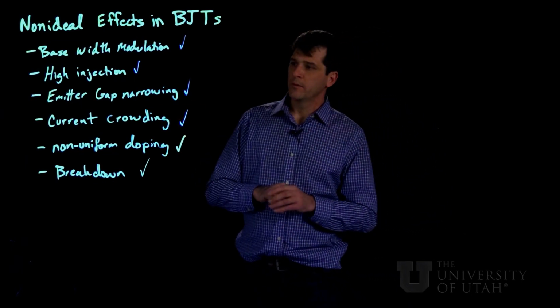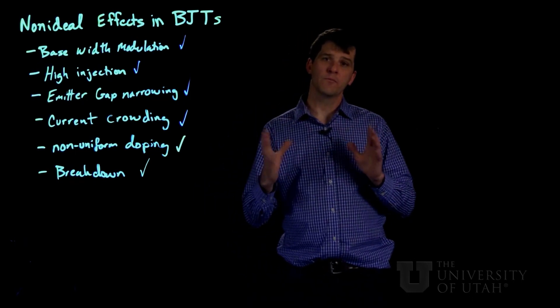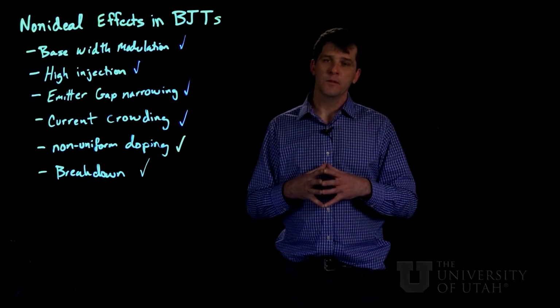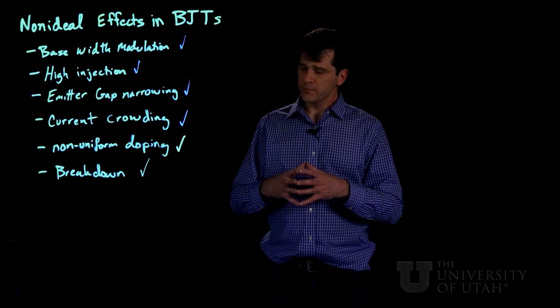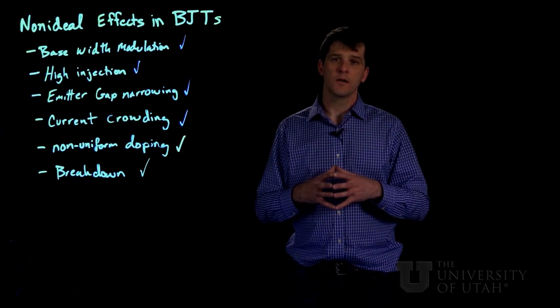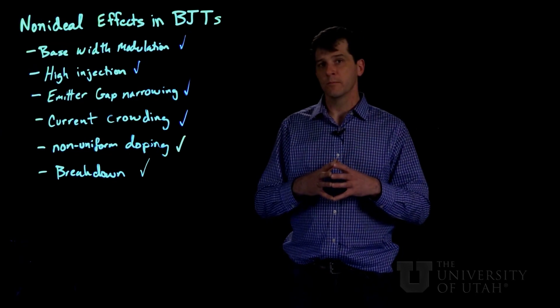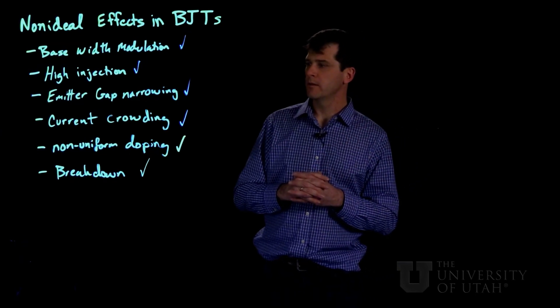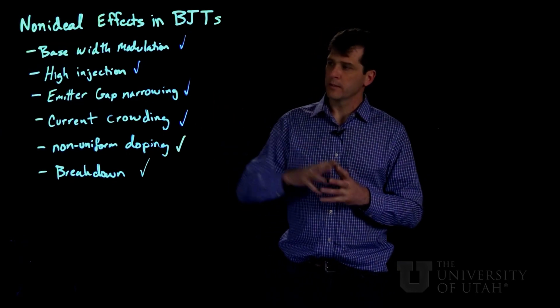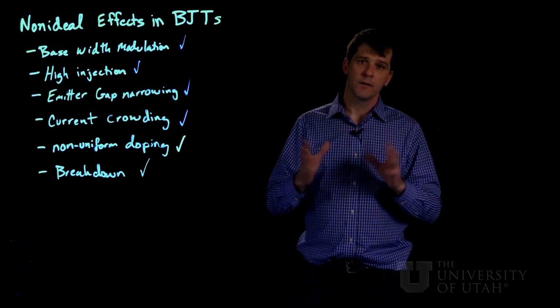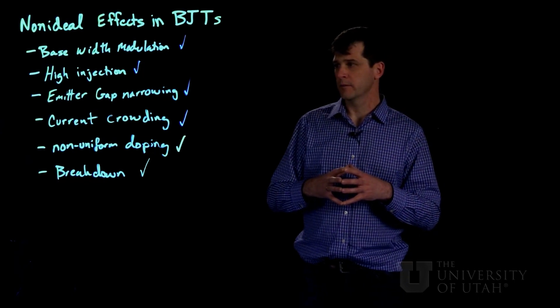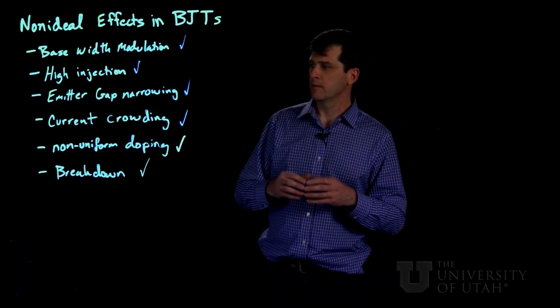The emitter gap narrowing also, if possible, should be minimized or reduced by optimizing rather than simply maximizing the doping in the emitter. And this actually has to do with another topic called heterojunction bipolar transistors, which we'll visit in the next section.